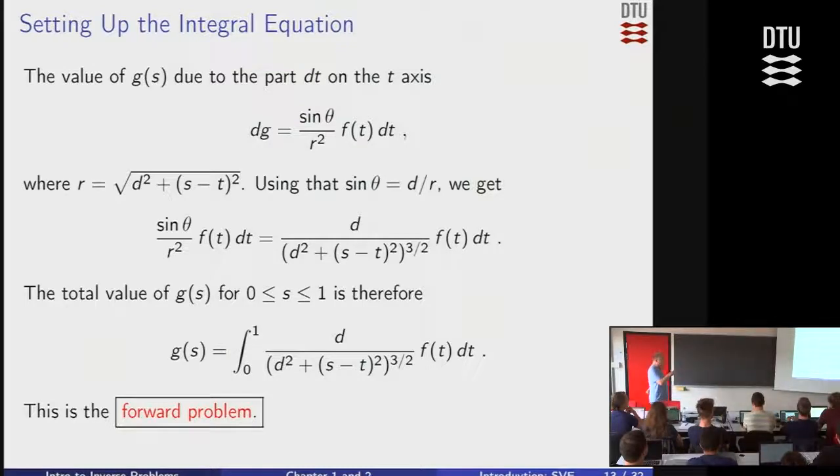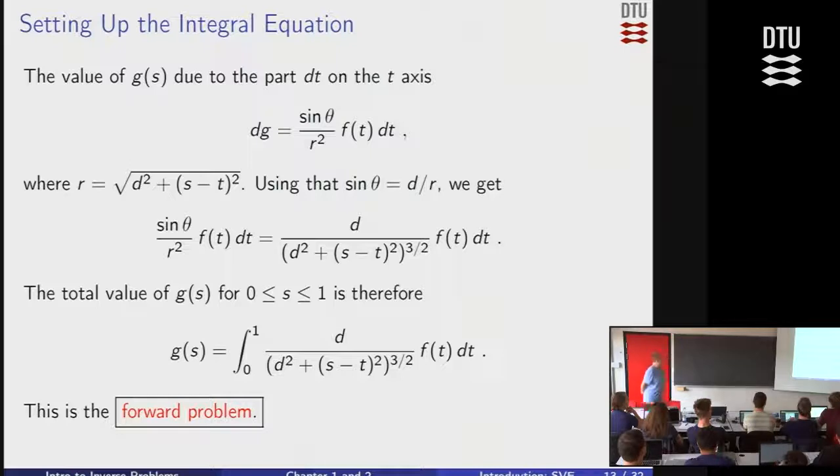Since all the mass lies between 0 and 1 along the t-axis, we integrate from 0 to 1. So if we know f, then we can evaluate g by means of that equation.